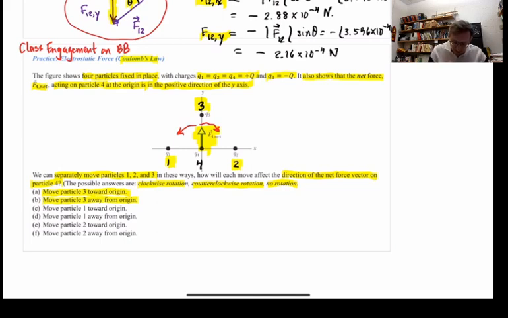Case C, move particle 1 closer to the origin. How is F4 net affected? Case D, move particle 1 away from the origin. How is F4 net affected? Case E, move particle 2 closer to the origin. What's the effect on F4 net? And finally, case F, move particle 2 away from the origin. What's the effect on F4 net?